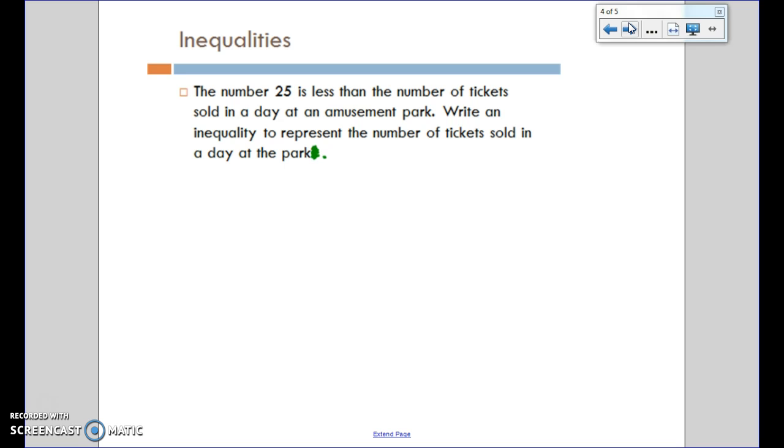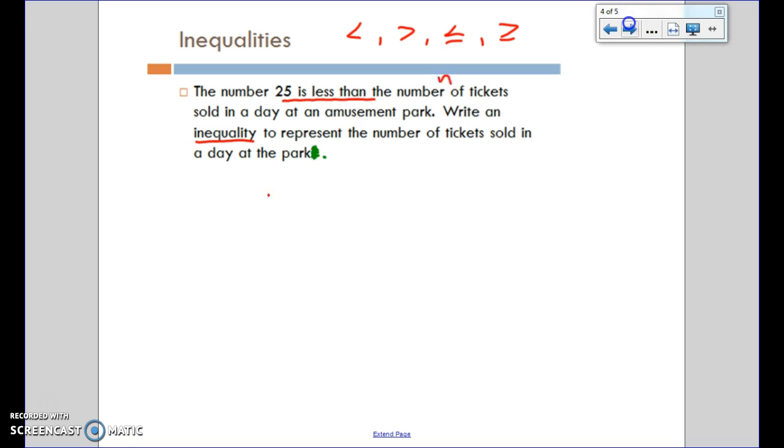This problem again is very similar. It says the number 25 is less than the number of tickets sold in a day at an amusement park. Write an inequality to represent the number of tickets sold each day at the park. Again, we have the choices less than, greater than, less than or equal to, greater than or equal to. These are all the types of inequalities that we have. We don't know the number of tickets sold, but we do know the number 25 is less than the number of tickets sold.